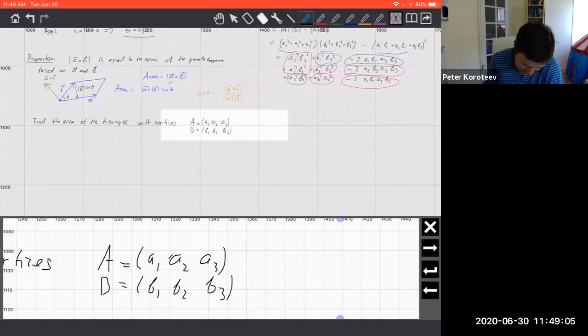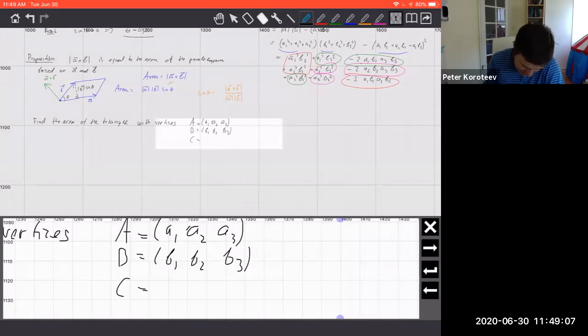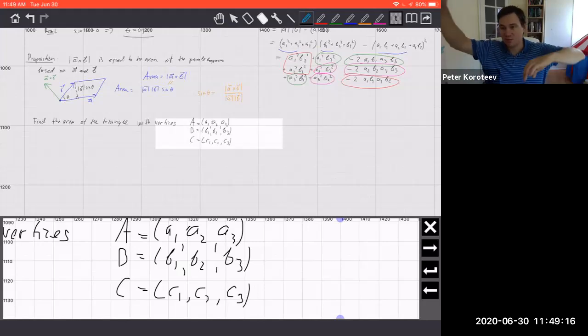Say you have 3 points in space, A, B, C, given by coordinates A1, A2, A3, B1, B2, B3, C1, C2, C3. These are just 3 points in space.